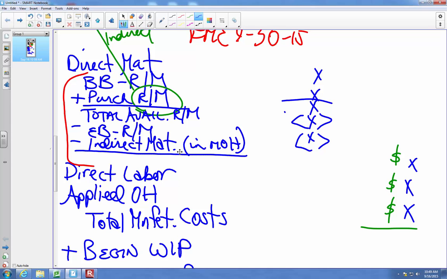Once you get cost of goods manufactured, you're going to move on to cost of goods sold. Yeah, 900,000. Your cost of goods manufactured is 900 grand, and then you move on to costs. Excellent. That's the total of direct materials plus direct labor plus applied overhead.